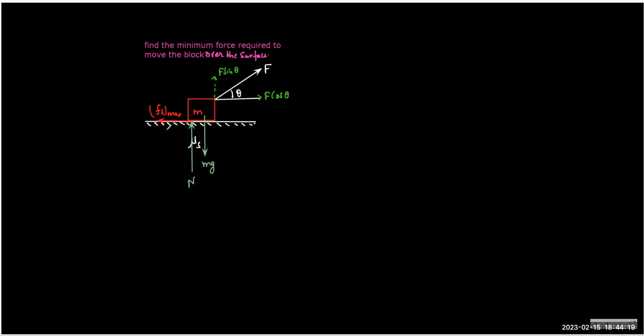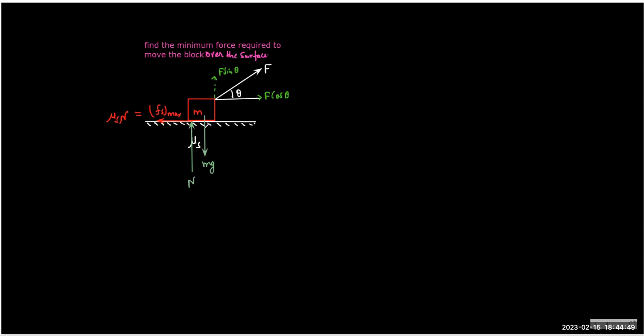So whenever the question is to find the minimum force or maximum force to move the block, or the maximum force which we can apply while the block is still at rest, the language can be tilted either way. The meaning is the same: when the friction is reaching the limiting value. And the limiting friction formula is μs into N. It is not mg, it is N.